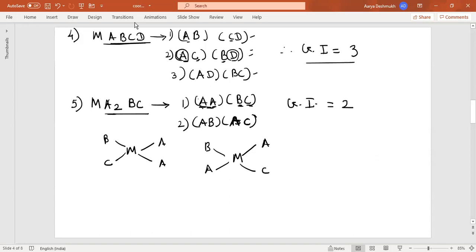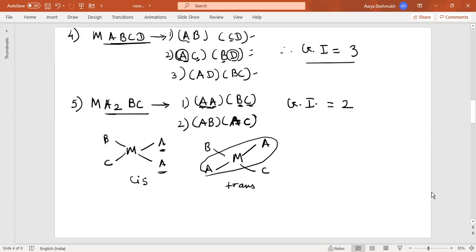So when you look at this, which one is cis and which one is trans, as I told you, you have to look for the opposite thing. So this is of course the cis one, the same on the same side, and this is the trans, where the same ligands are on the opposite side. Okay.